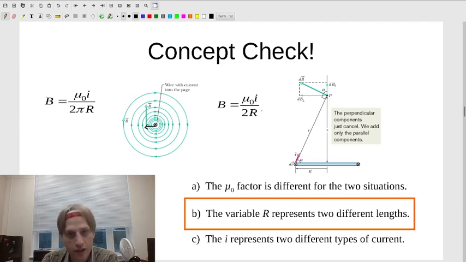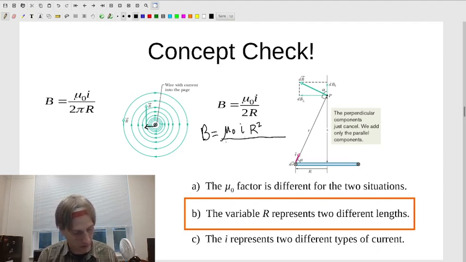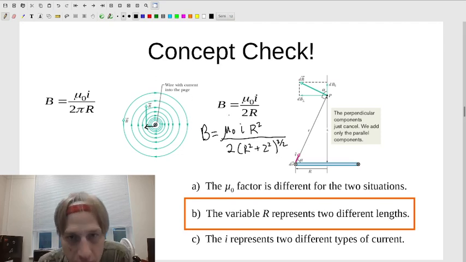On the other hand, this one is a simplified version of, you might remember, a more complicated version that we wrote down last time, which was mu naught times I times R squared over, let me think, I think it was something like 2 times (R squared plus Z squared) to the 3/2. Something like this.